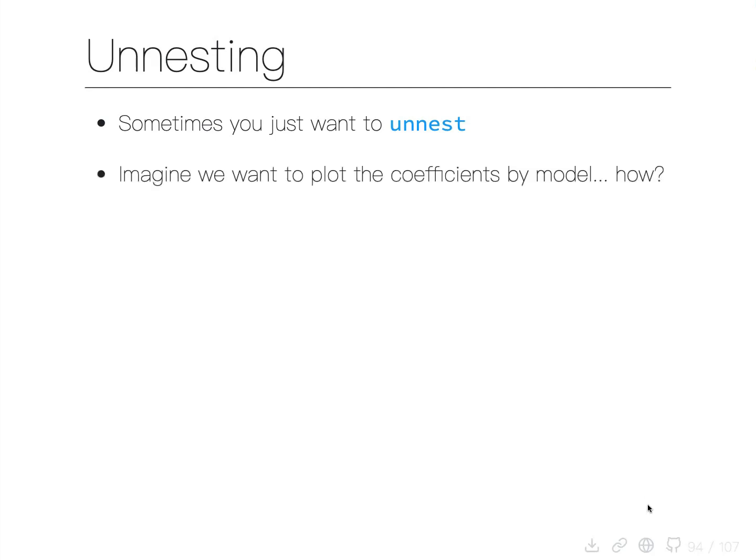Okay, so let's say we want to plot the coefficients from a model. I might want to use the tidy function from the broom library. I've mentioned broom a little bit in the past. This is not a statistical modeling class, so we're not going to really focus on this.